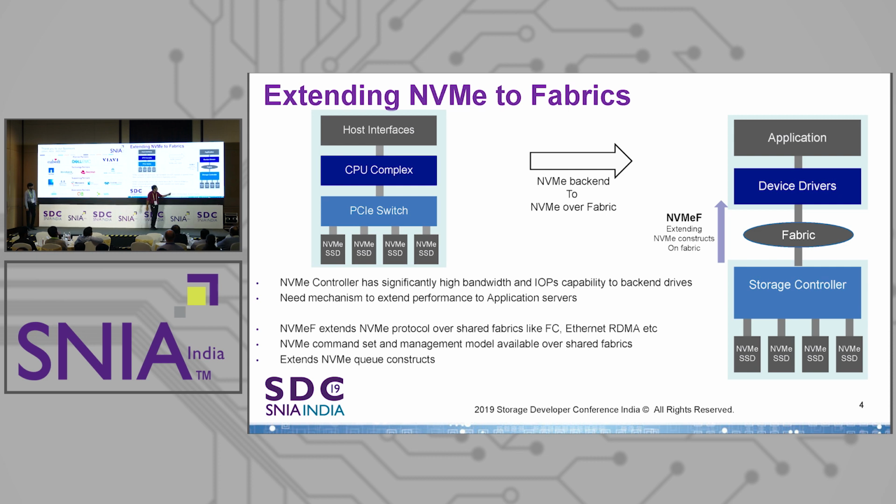So what we are going to do is extend this queue concept up to the application level. This application will create a request and negotiate for queues, and will do login, and things will be available to the application. I will talk more about it in my next slide also. So this is how we are extending to NVMe Fabric.